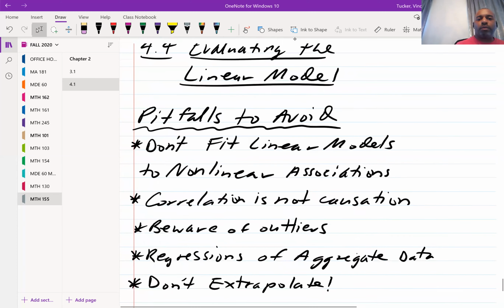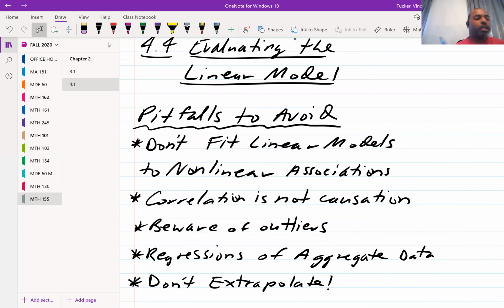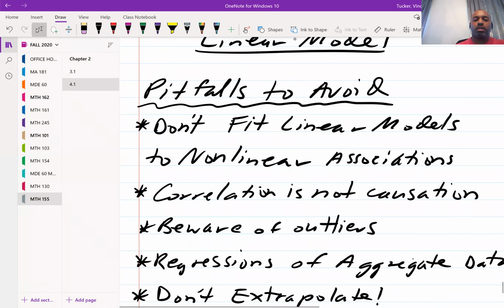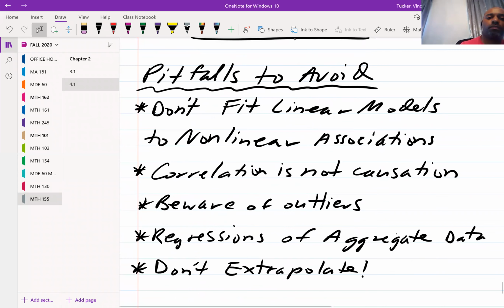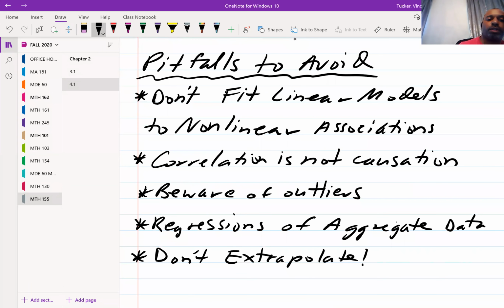All right, so 4.4, evaluating a linear model. They start off with pitfalls to avoid. First one, don't fit linear models to nonlinear associations. Basically what they're saying here is that a regression line is only for linear models.